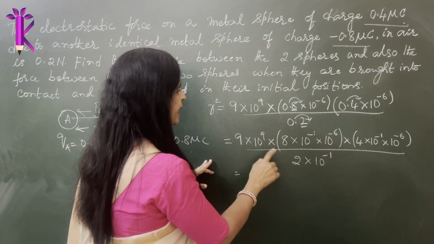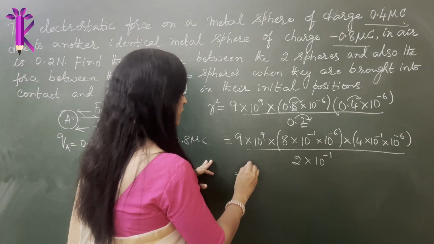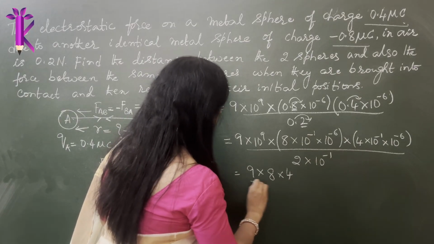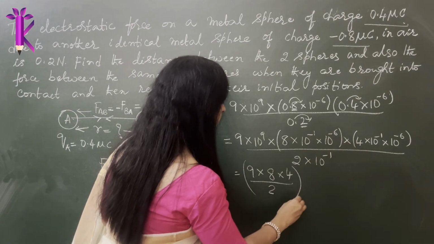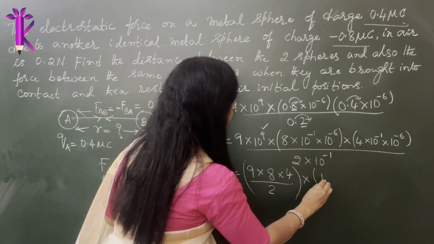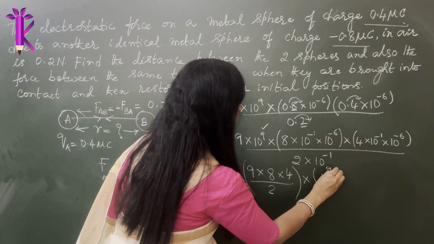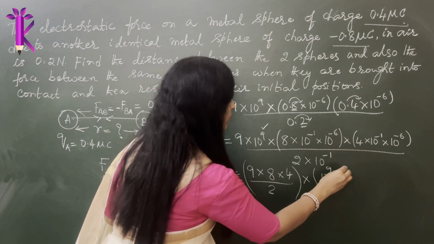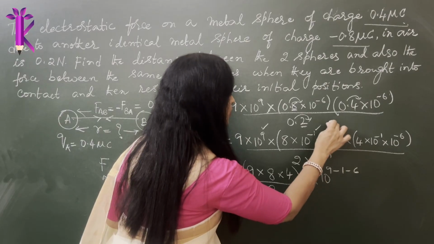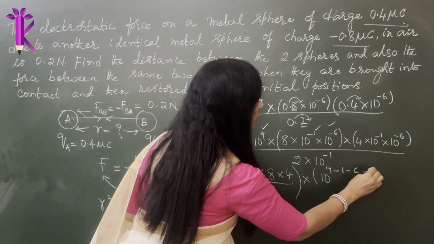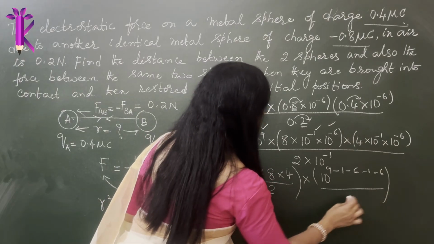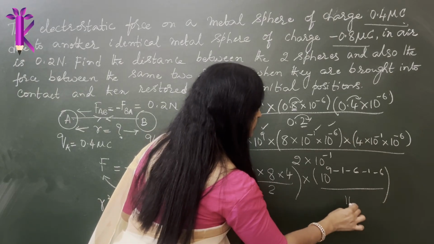So now let's separate these things, the whole numbers. So 9 into 8 into 4 divided by 2. This is the whole number part. So what do you have in the powers? You have 10 to the power of 9, plus minus 1 minus 6. Then you have again minus 1 minus 6. So bases are same, powers can be added, whole divided by 10 power minus 1.